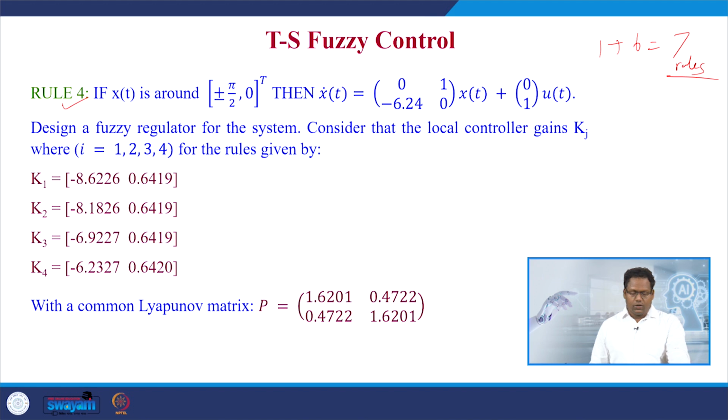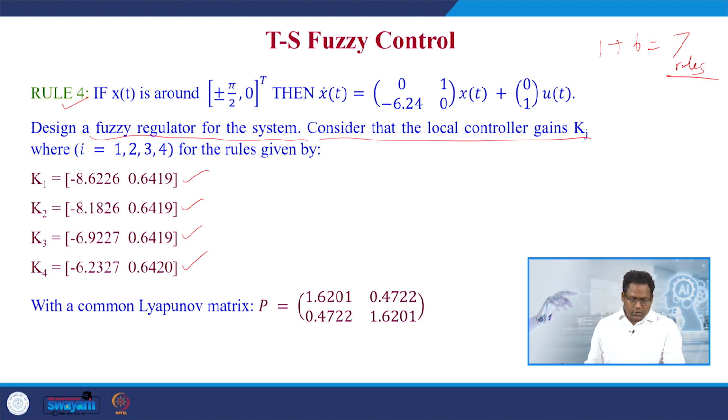So, now the question is to design a fuzzy regulator for this system. For that, consider that the local controller gains Kj, where j equal to 1, 2, 3, 4 for the rules given by, we have specified the k controller gains for these rules.